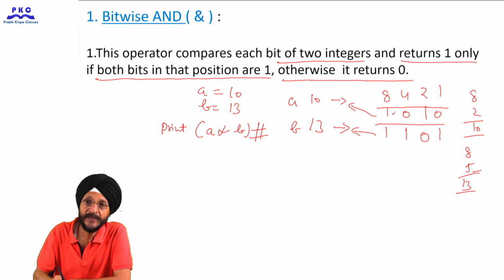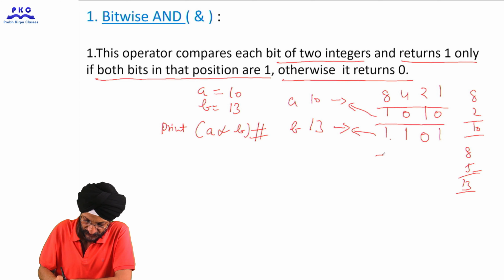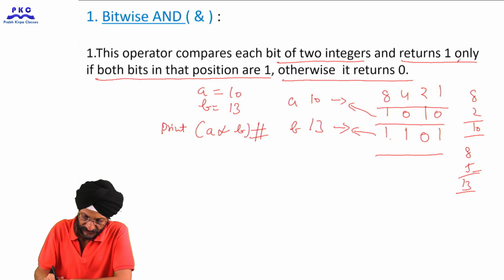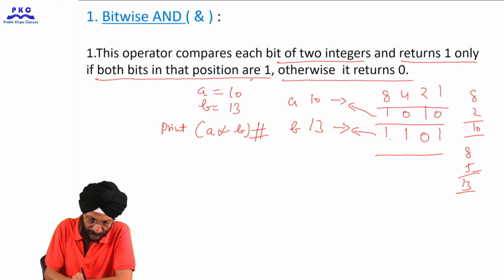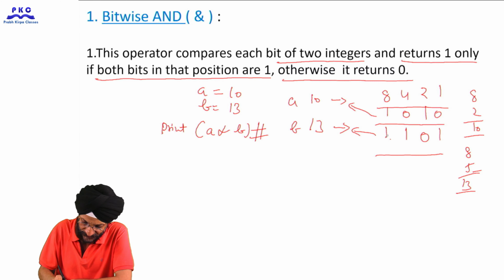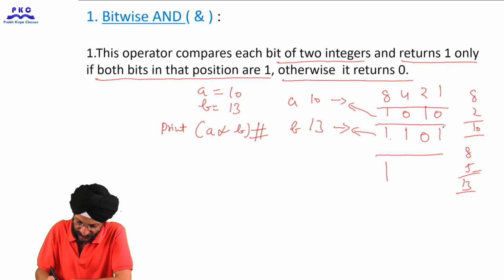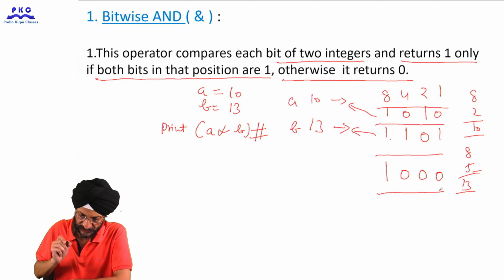Both the bits are 1 here. In other positions it is not so. So what is the result? 1 0 0.